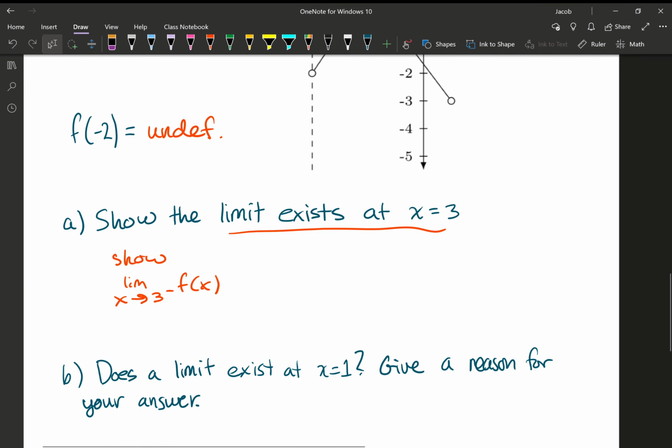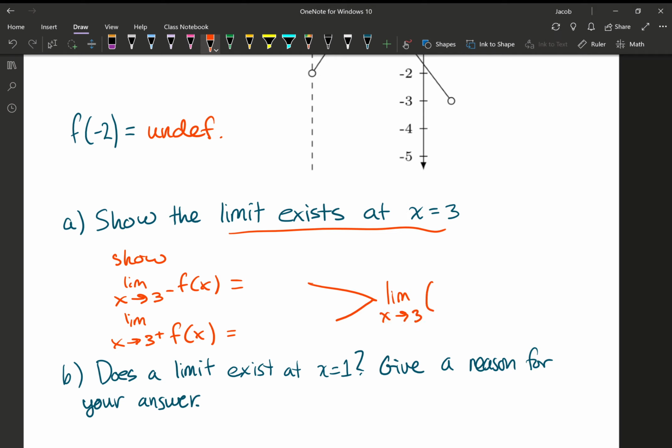And then we have to show that the limit as x approaches 3 from the right on our function is equal to something. And if those two things are equal, then we can say that the limit as x approaches 3 on our function is equal to something.